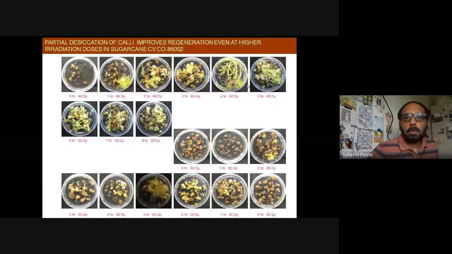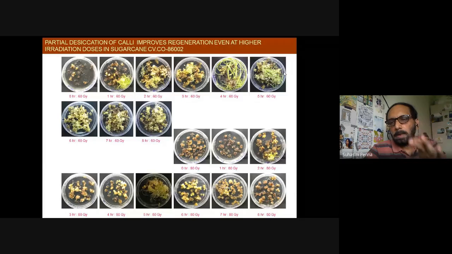So these are a couple of experiments where we have proved that even very high doses can induce regeneration. This can help in the isolation of very rare mutations, if there is a possibility to get them at high doses.